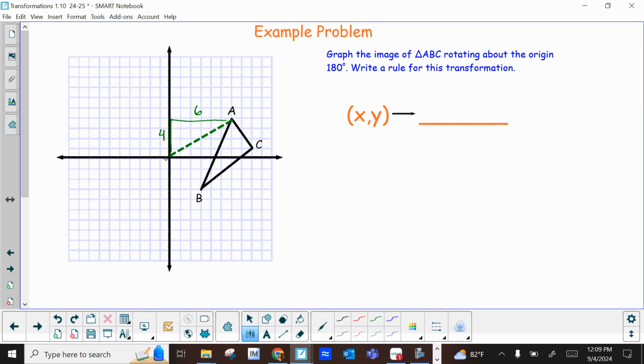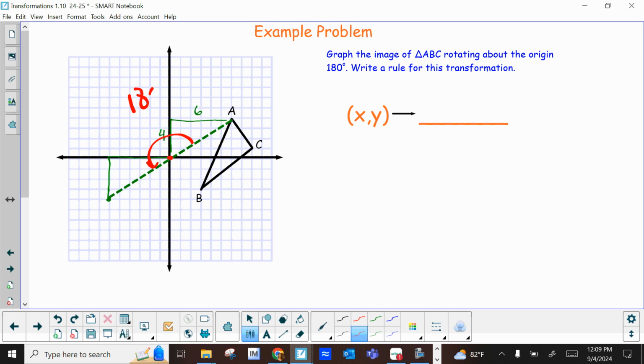So guess what I'm going to do? I'm going to go over 6, 1, 2, 3, 4, 5, 6, and then I'm going to go down 4 right there. And so if you look at this dotted line and I keep it going down 4/6, isn't that a 180-degree turn going from here to here about the origin?